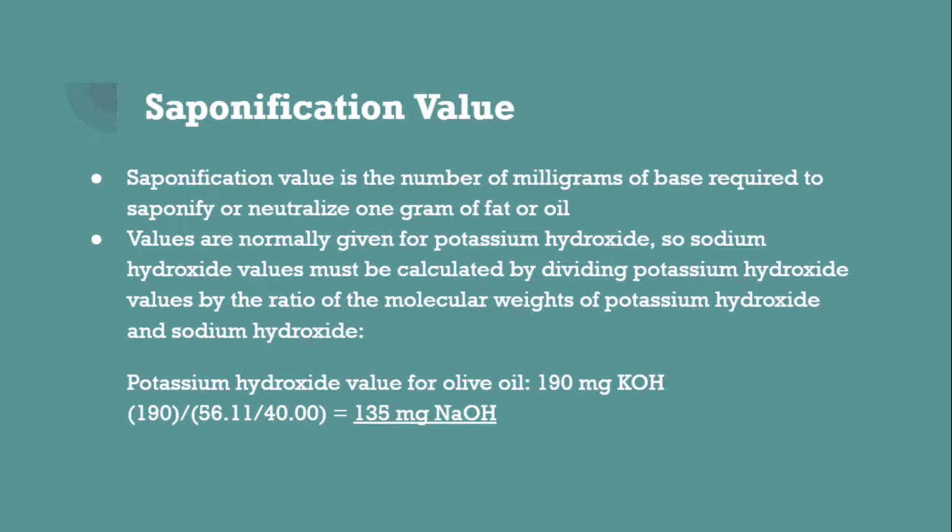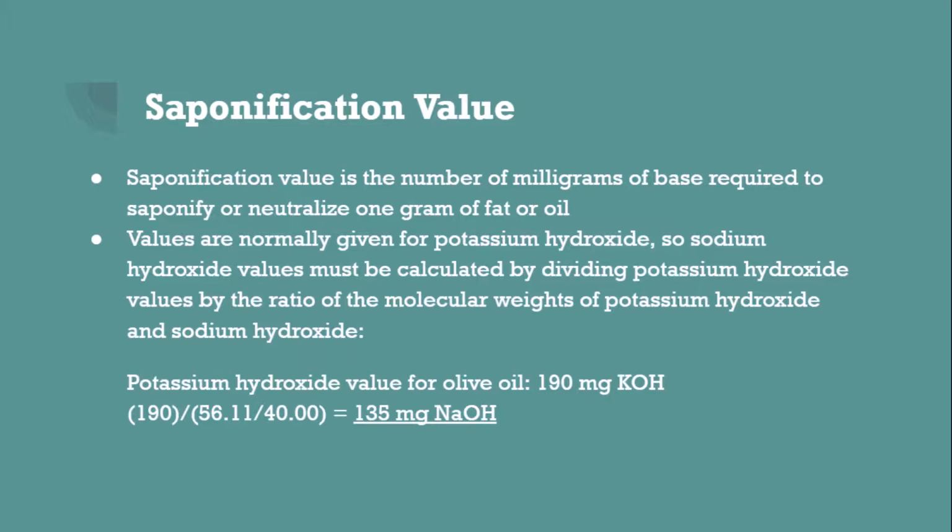Saponification values are most commonly given for potassium hydroxide, so these values must be converted when sodium hydroxide is used by dividing potassium hydroxide values by the ratio of the molecular weights of potassium hydroxide and sodium hydroxide, which happens to equal about 1.403.